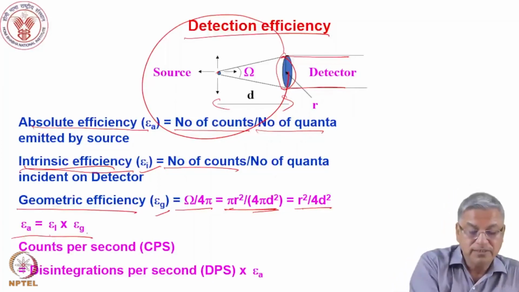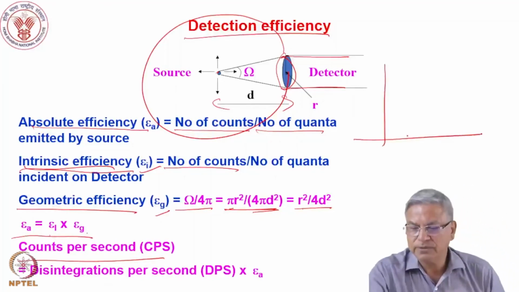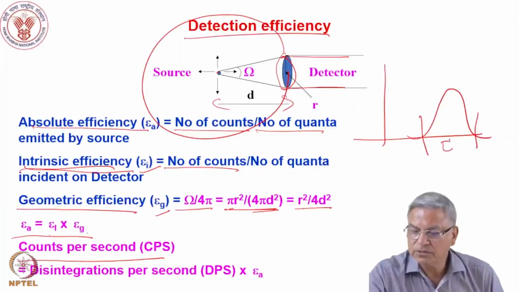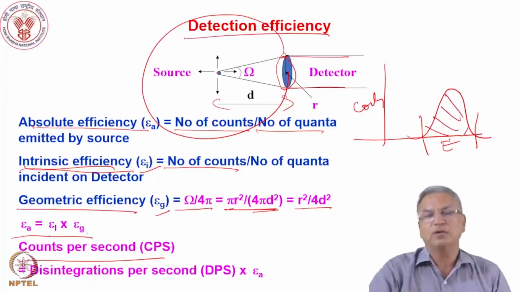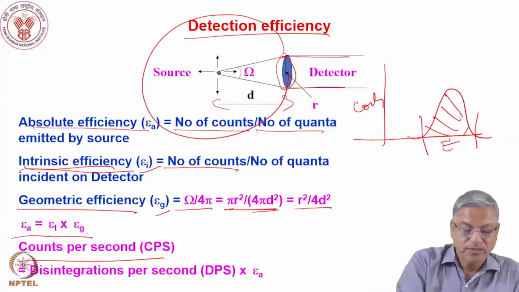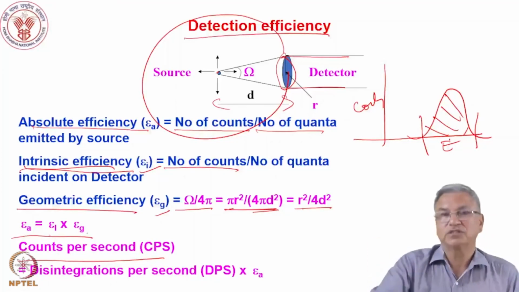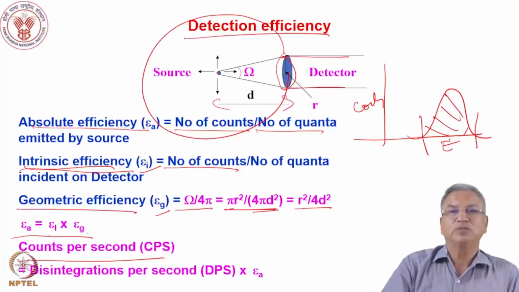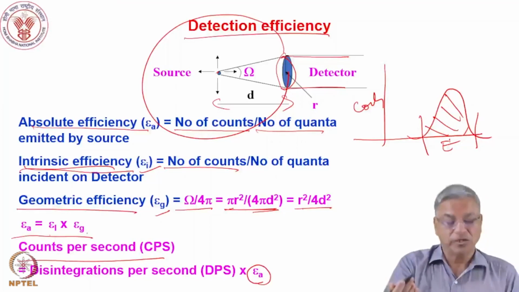So when we count the activity, we say counts per second. Suppose you have a peak like this, the energy versus counts. This area will be the counts for a particular time, and divided by the time, we call it counts per second. But it is not necessary that all the disintegrations are converted into counts. Suppose the source is emitting certain photons, so efficiency takes care of what fraction is actually counted.